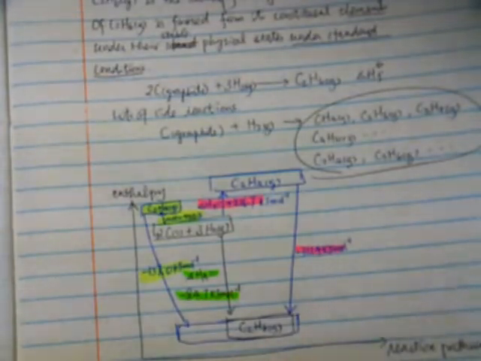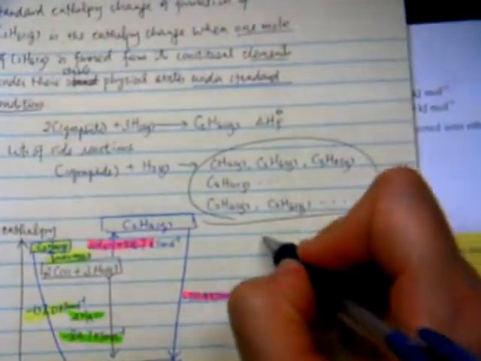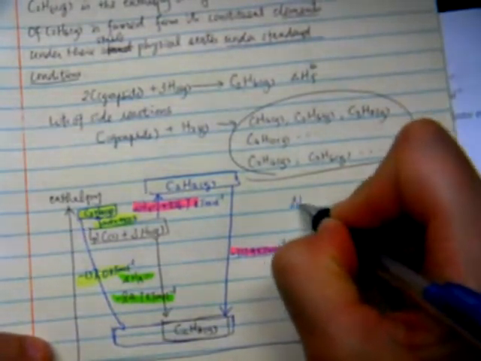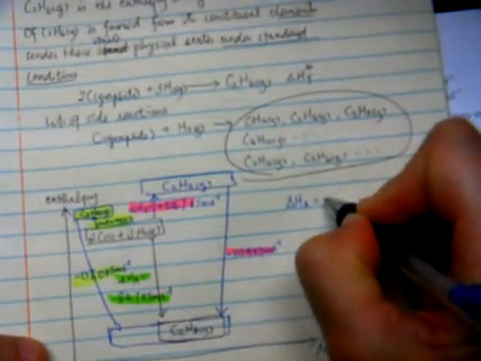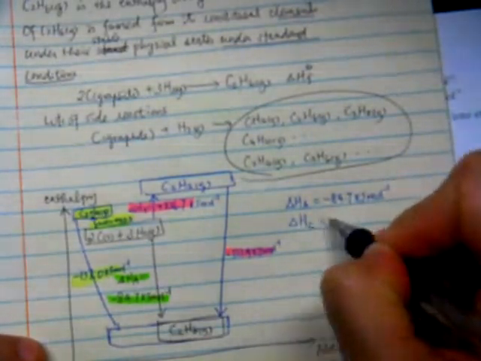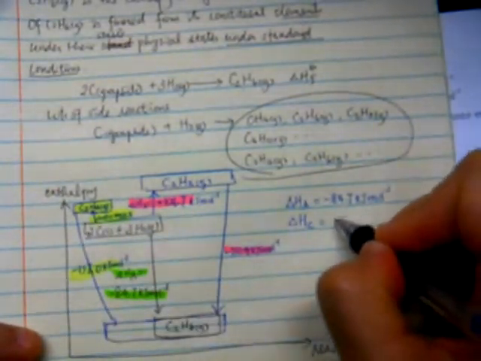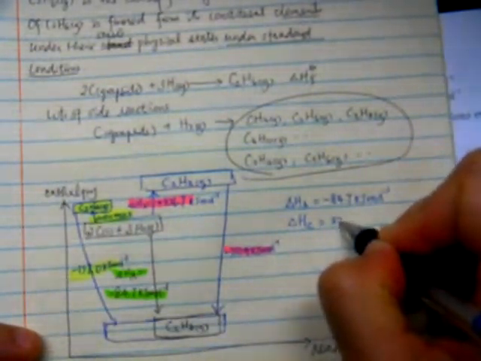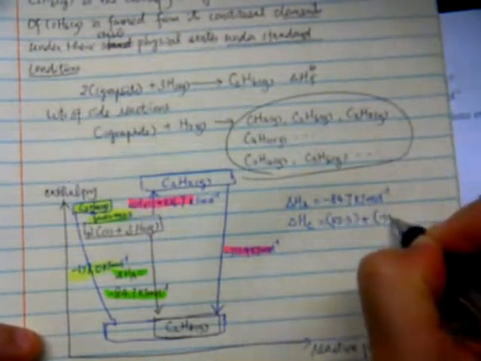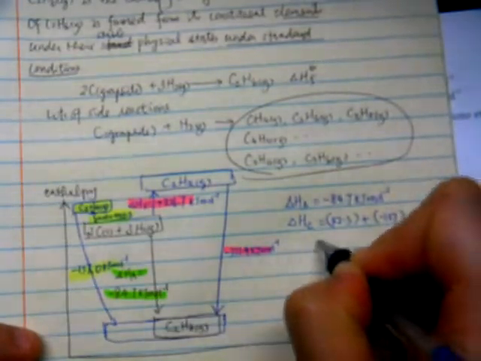Now again, I will compare the overall enthalpy change of route A. This is the enthalpy change of route A, negative 84.7. And then the overall enthalpy change of route C, in red, is equal to the summation of 52.3 plus negative 137.